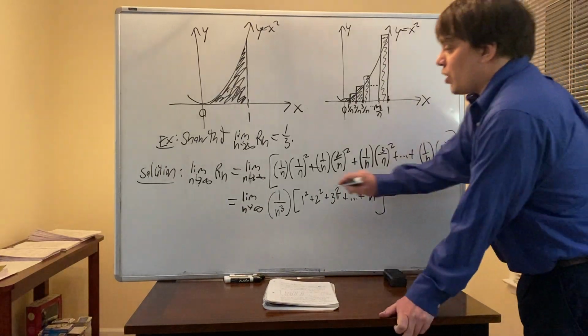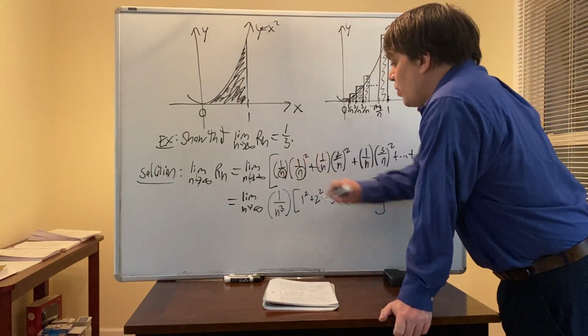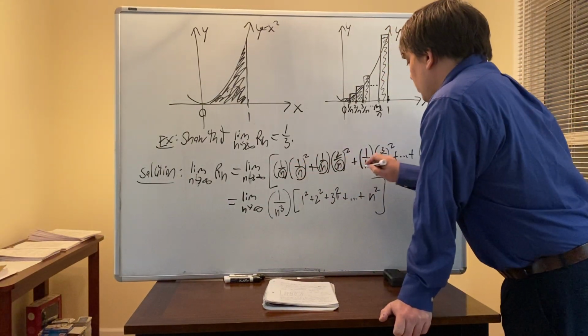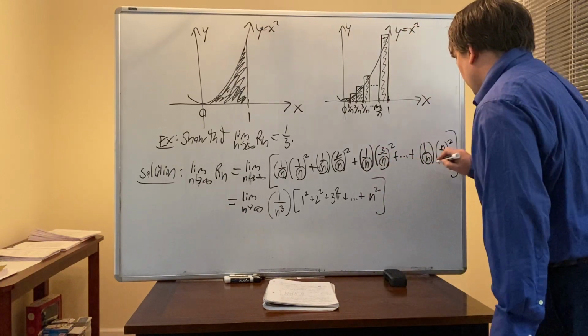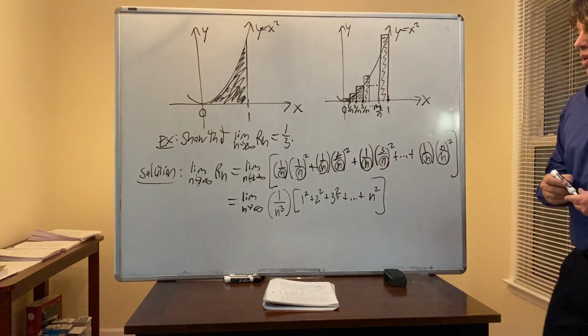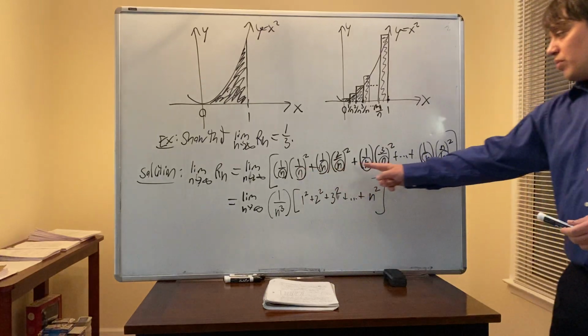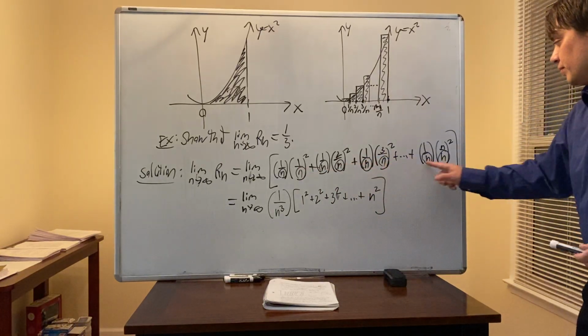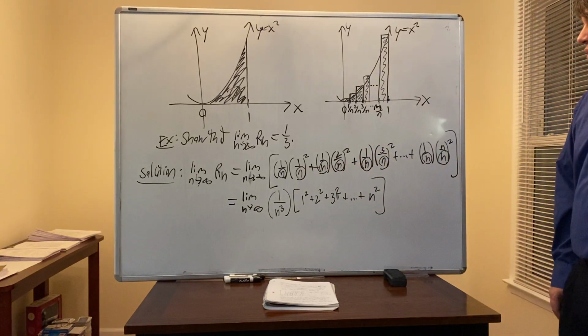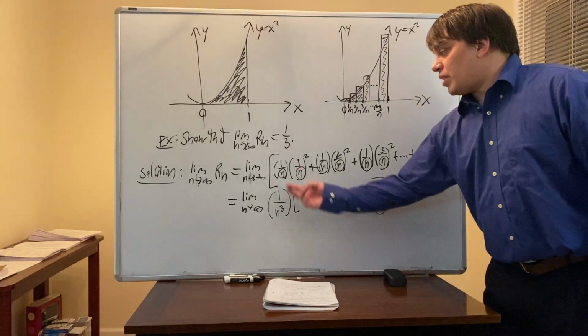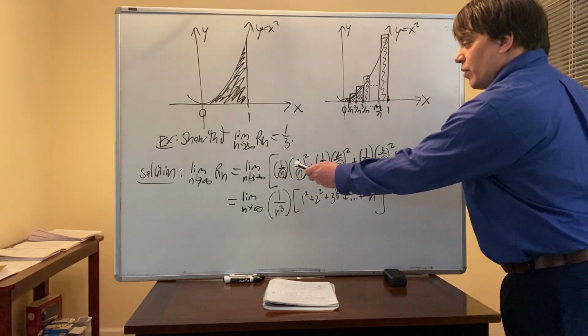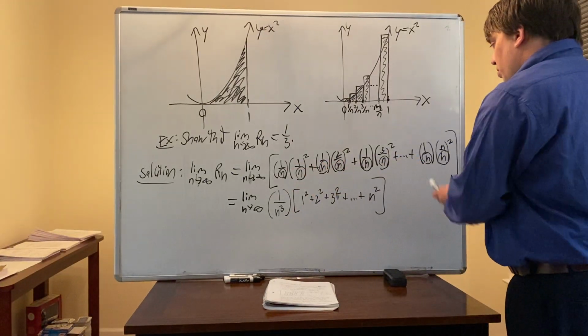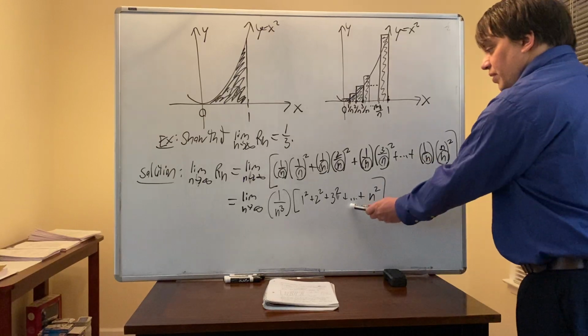For each term you have 1 over n times 1 over n squared, which is 1 over n cubed, and you factor that out, and you're left with 1 squared plus 2 squared plus 3 squared plus up to n squared.